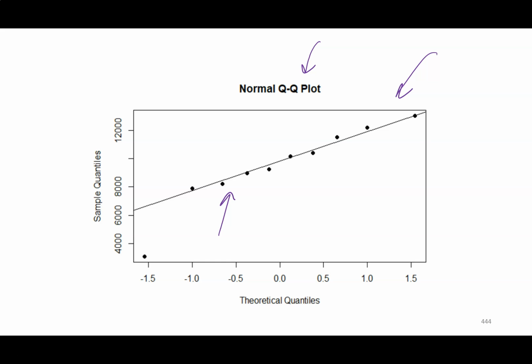So the closer all the points fit to the line, the more approximately normal the distribution from that sample is. And if that sample represents the population, the more normal we can assume the population is. So we have one oddball point. This is that person who only drove 3,000 some odd miles. So other than that one person, it looks pretty close to normal. So in this case, I'd say this is probably normal enough that we can reasonably use t methods here.